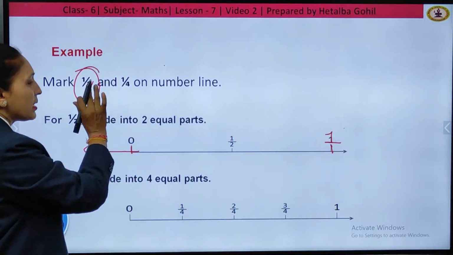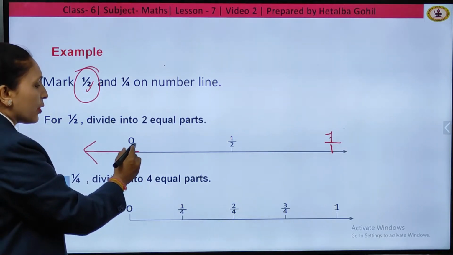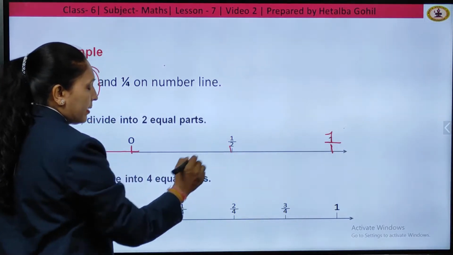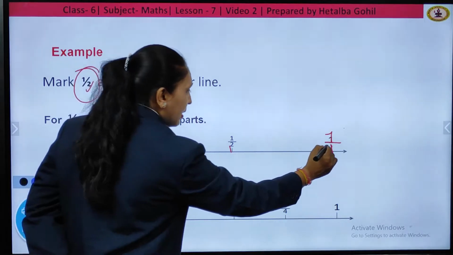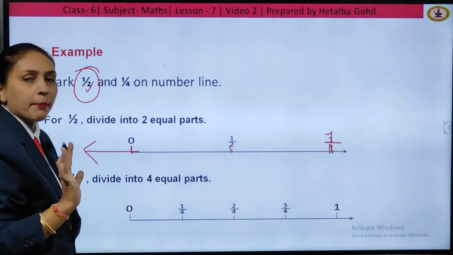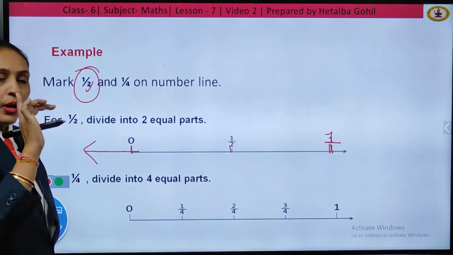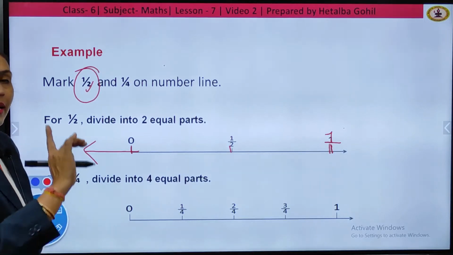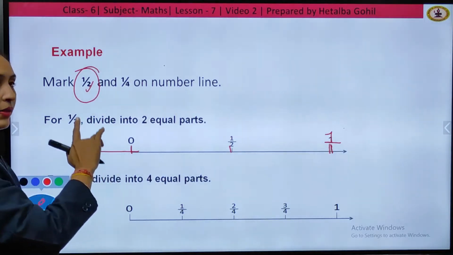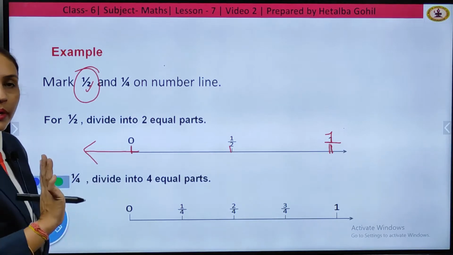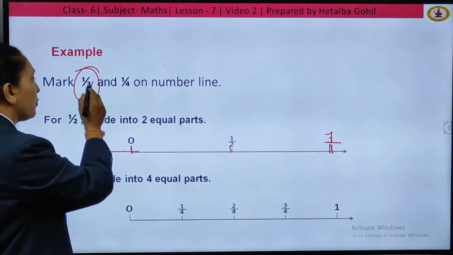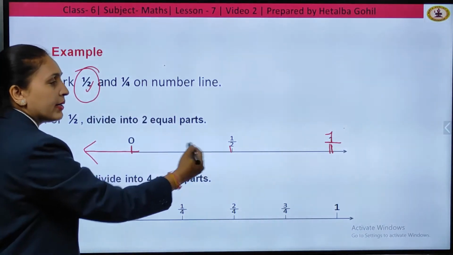So 2 parts you will make how? After 0, the first part, then the next second part will be itself the whole number. You have to remember one important thing, the last part whatever you have has to be the whole number only. So that means if you have to make 2 parts, only 1 part there will be between the two numbers.